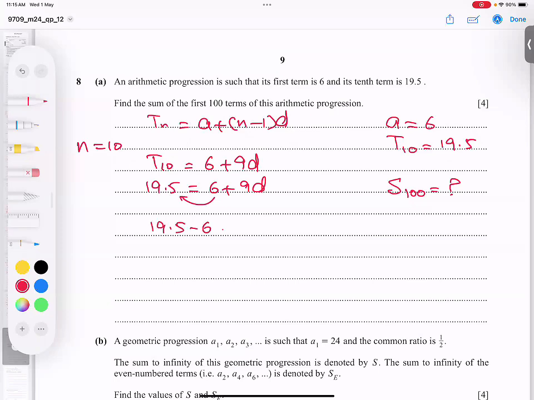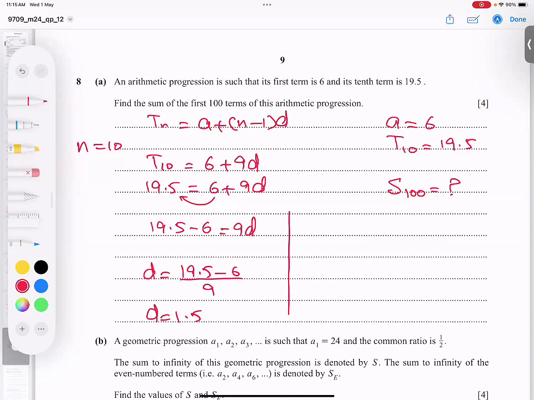And then this 9 will divide. So common difference, I'm getting 19.5 minus 6 over 9. So if we check in calculator, it is giving us 1.5, common difference 1.5.